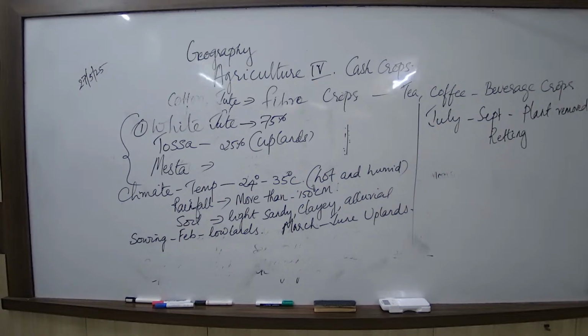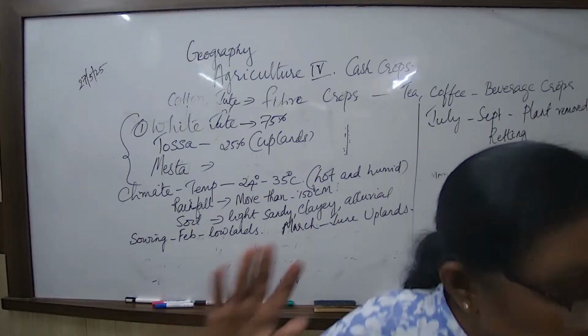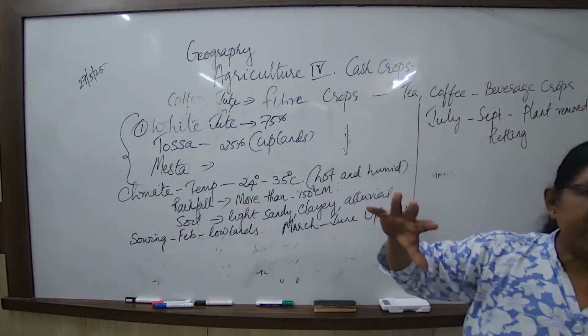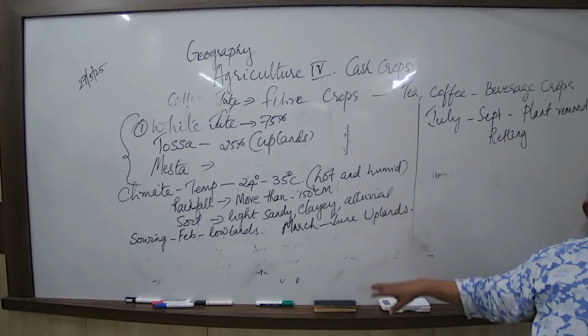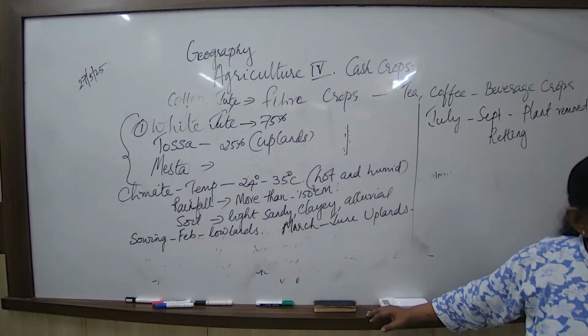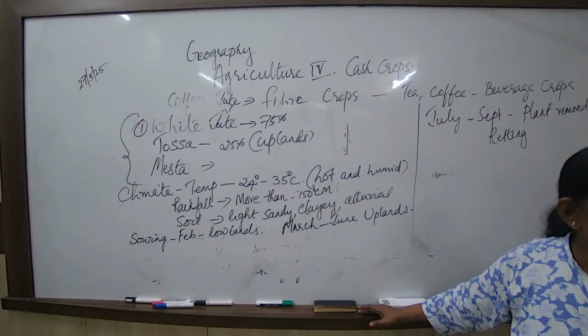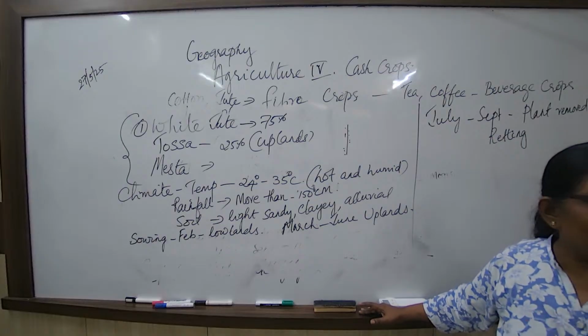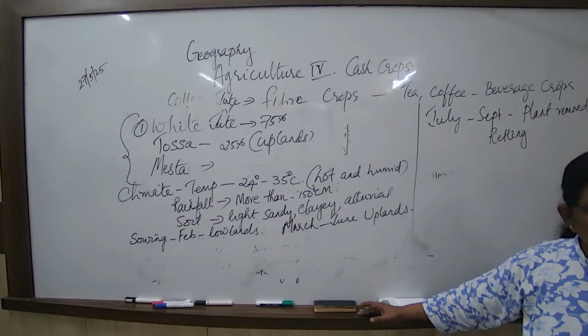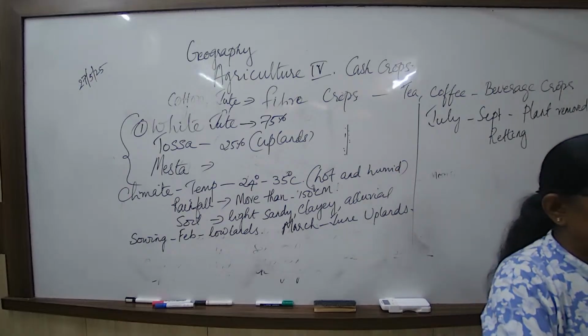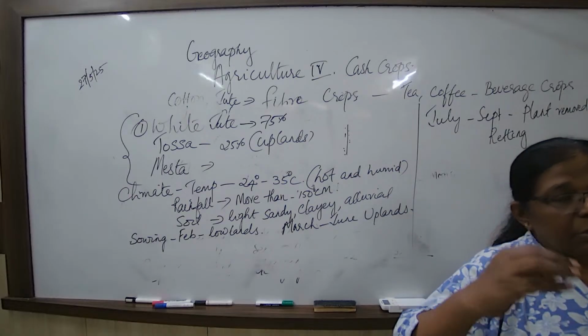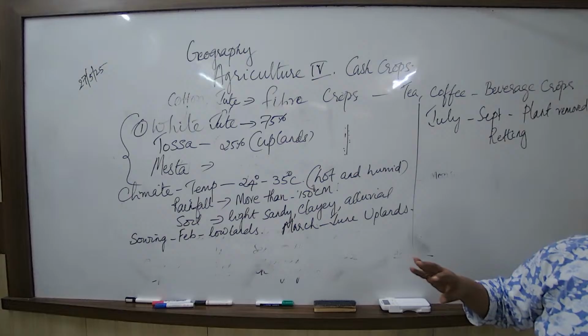That is why most of the jute growing areas are around the Hooghly River, which is in West Bengal. Nowadays, artificial ponds are made for soaking this, because the river can carry the bundles away.